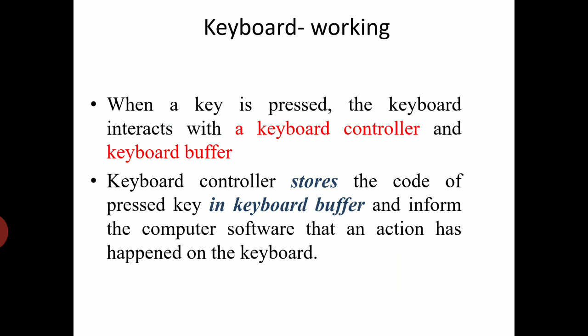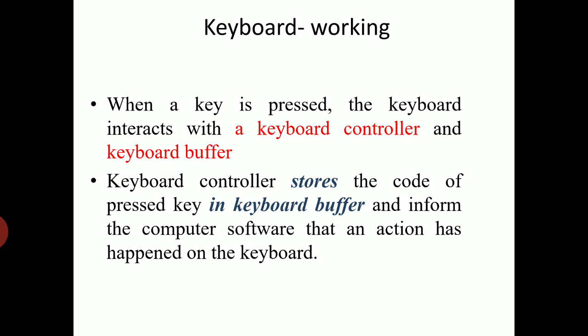Now we shall see the working of a keyboard. You know, when we press a key, what is happening? When we press a key, the keyboard will interact with the controller of the keyboard, which is called the keyboard controller. Every device is associated with a device controller, so here the controller is called the keyboard controller.